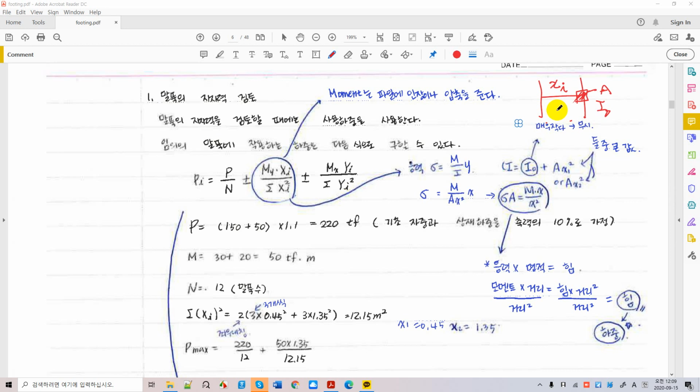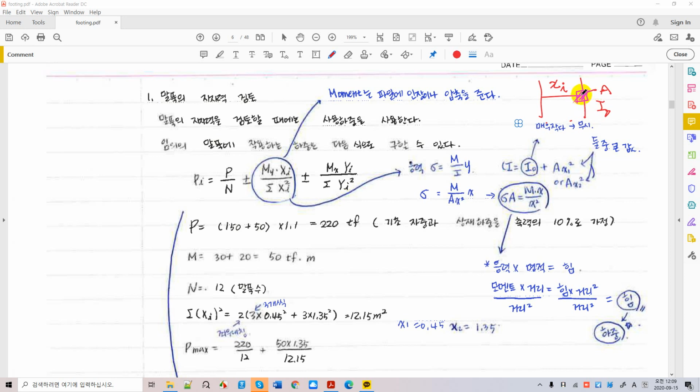Okay, now let's take a look at the calculation of the moment of inertia of the column with the axis outside of the member. First of all, we need to calculate the moment of inertia of the column itself, I0.